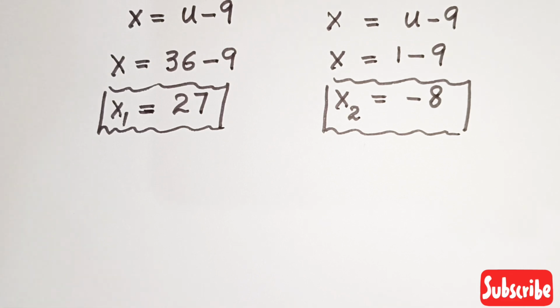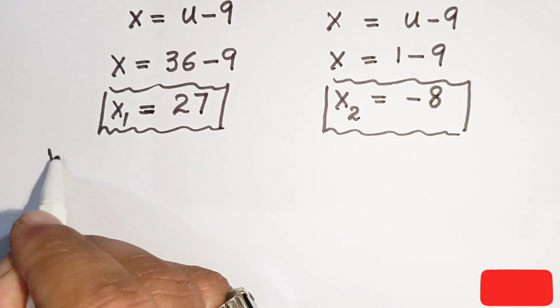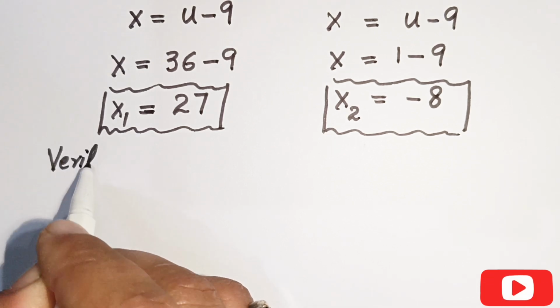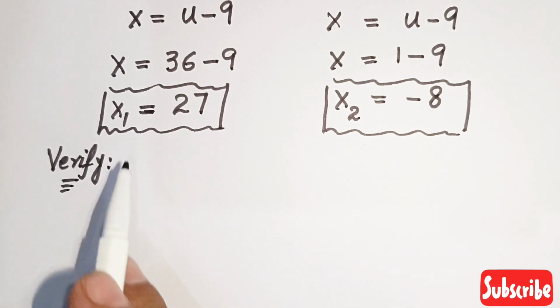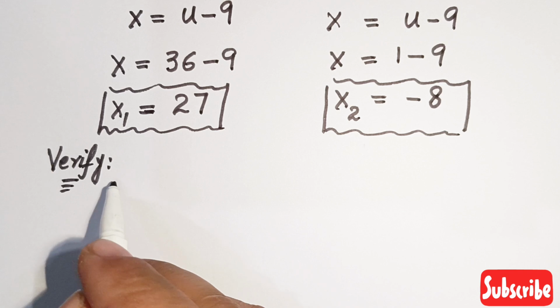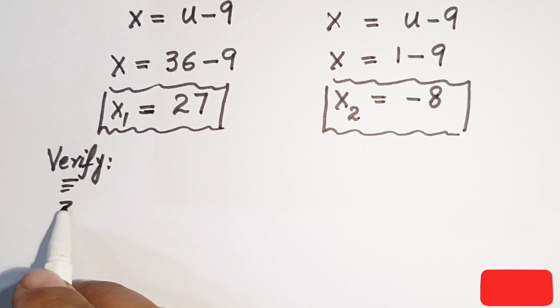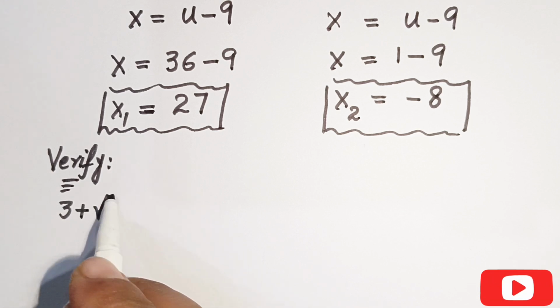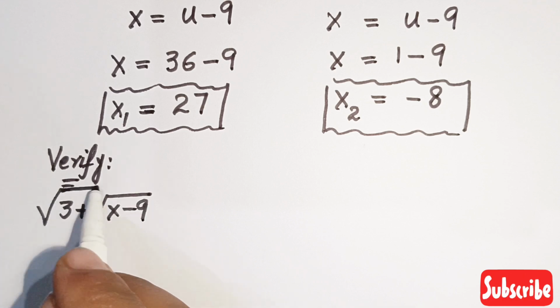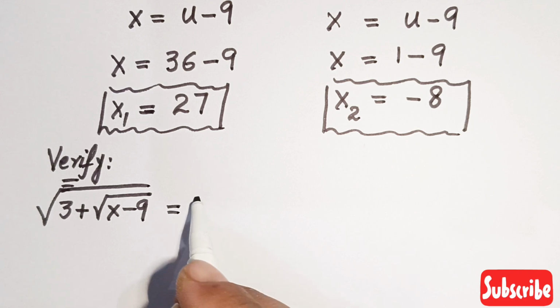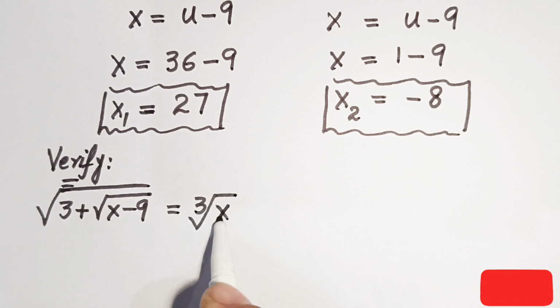Now we have to verify our problem. For verification, we first use x1 equal to 27. Our problem is 3 plus the square root of x plus 9, that whole square root, is equal to the cube root of x.